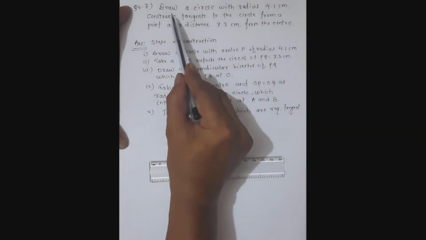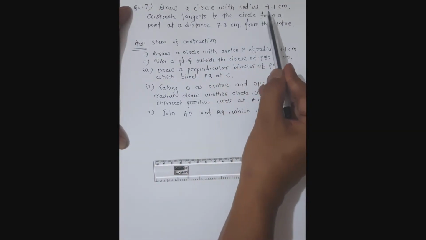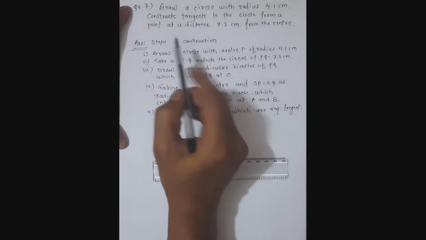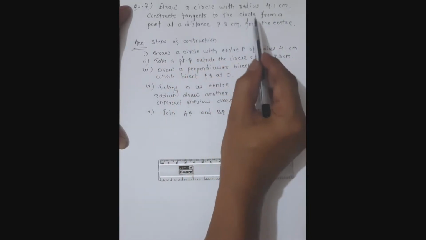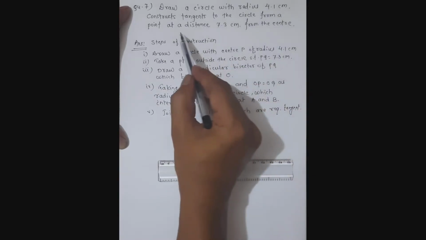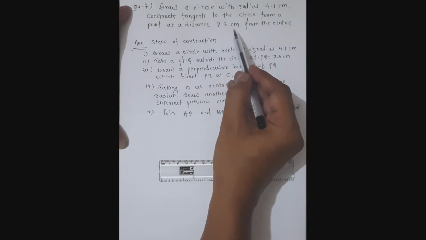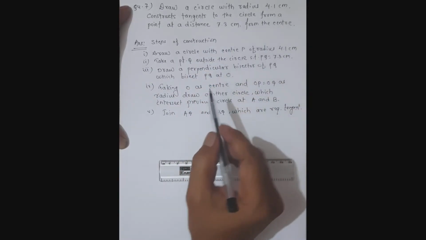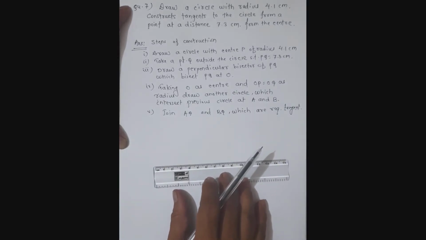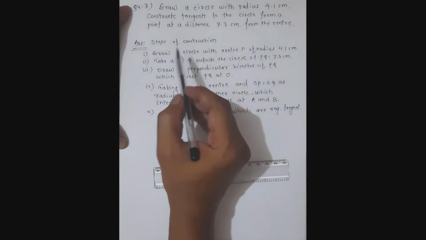So the question is, draw a circle with a radius 4.1 centimeter. Construct tangents to the circle from a point at a distance 7.3 centimeter from the center. That means the question is the same but the words are changed.